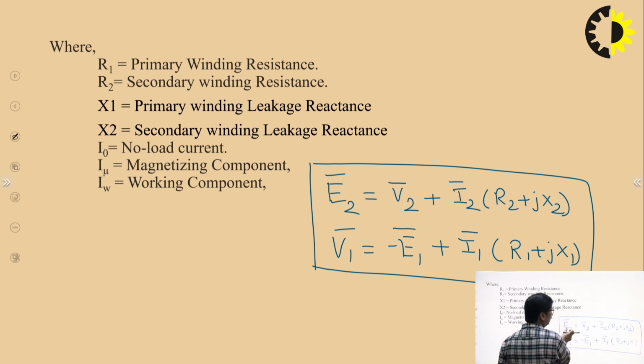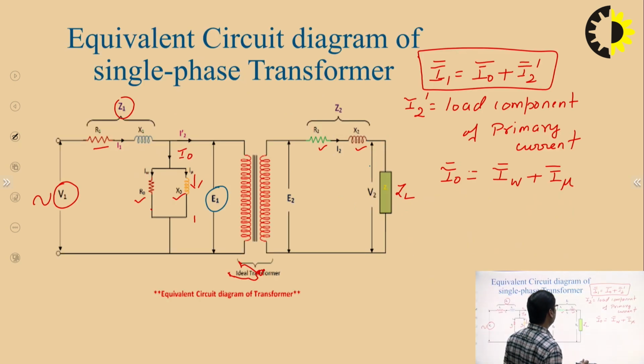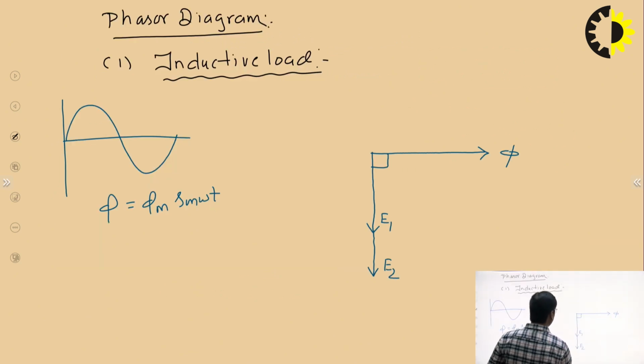So E2 is equal to V2 plus I2 times the drop, and this drop basically consists of two parts. Suppose this is the voltage V2.